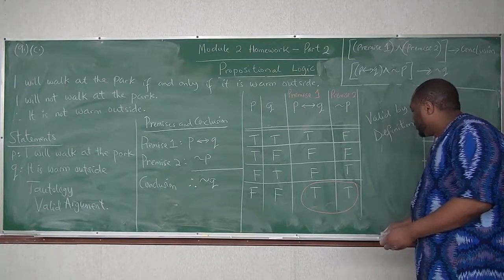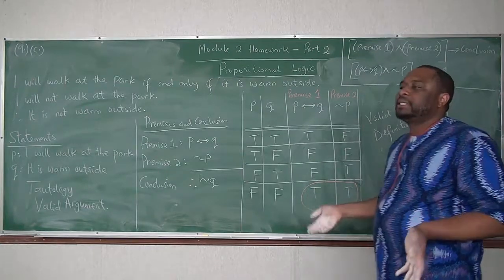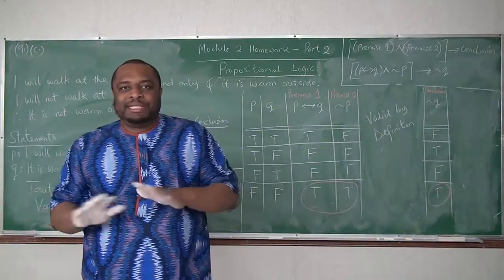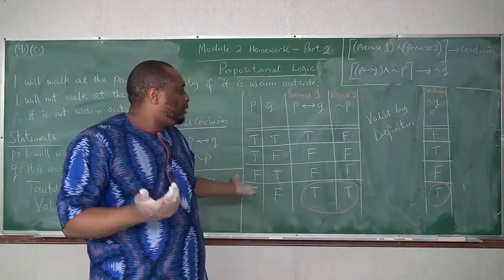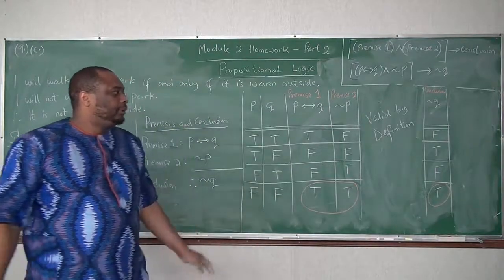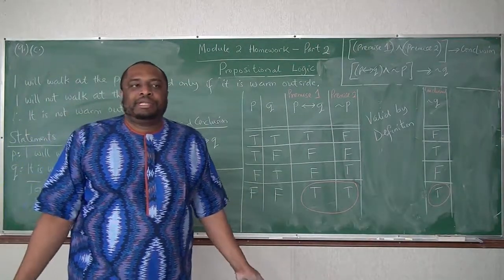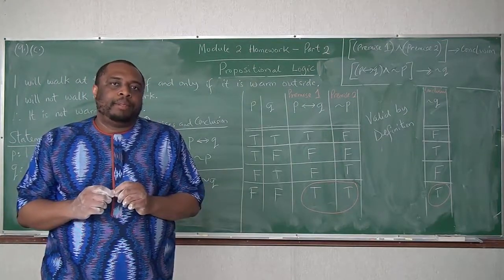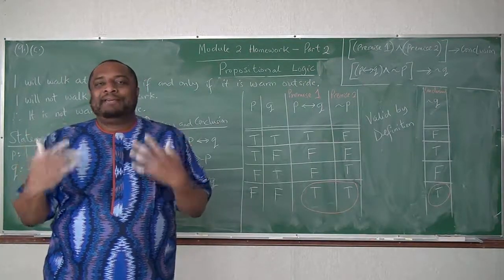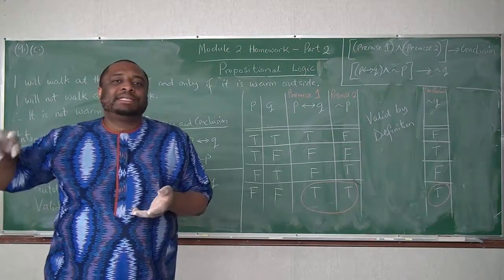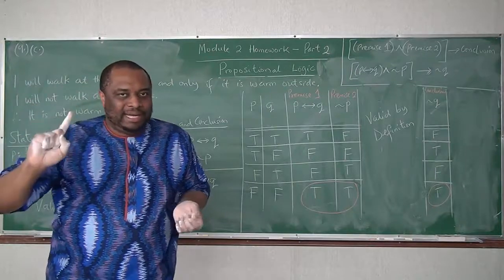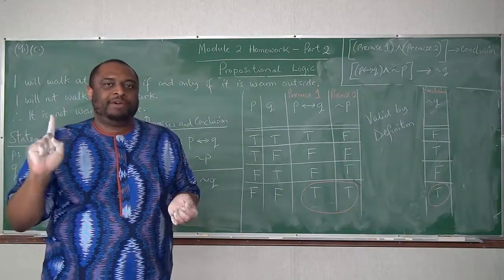Okay, so someone might ask me, what if there are no cases where both premises are true? Then the argument is still valid. The only time the argument is invalid is if we check the cases where both premises are true, and we have at least one case where the conclusion is false.